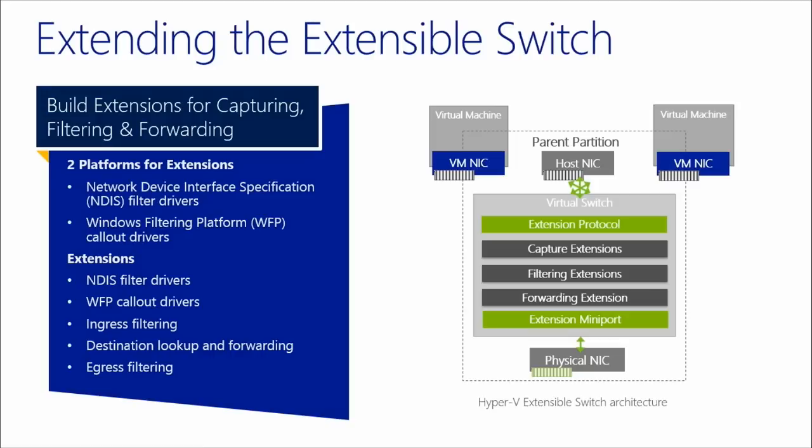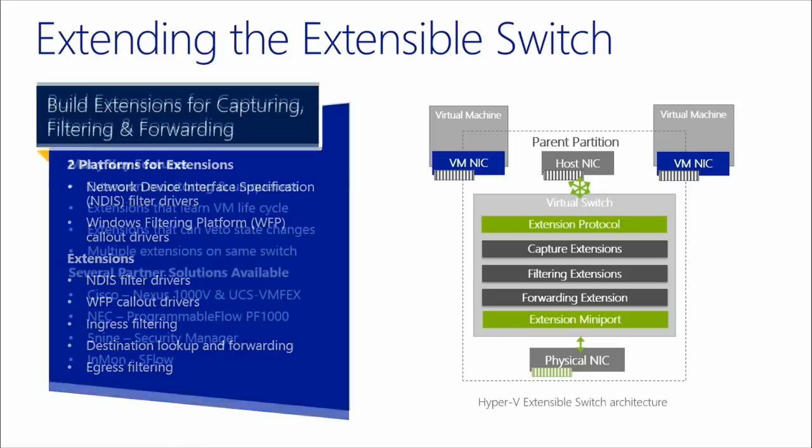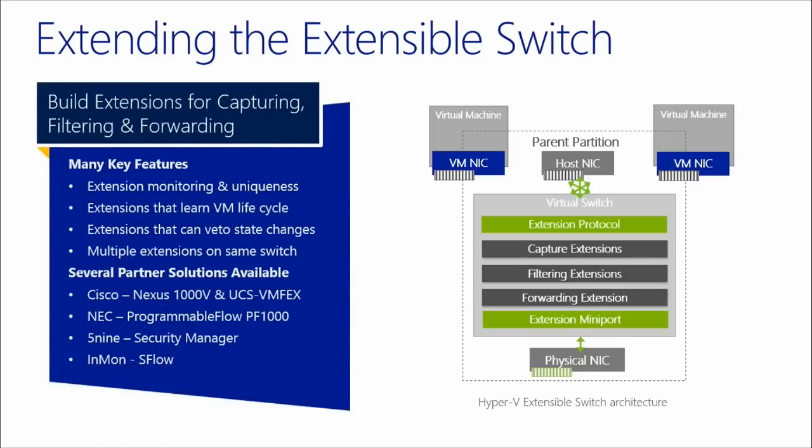So not only do you deploy the standard extensible vSwitch, but our partners plug in with capabilities that extend it. For monitoring, InMon with their sFlow product plugs into a certain layer of the extensible switch and will capture traffic and look at that traffic for further analysis. 5nine Security Manager plugs into the extensible switch, with things like the filtering extension.